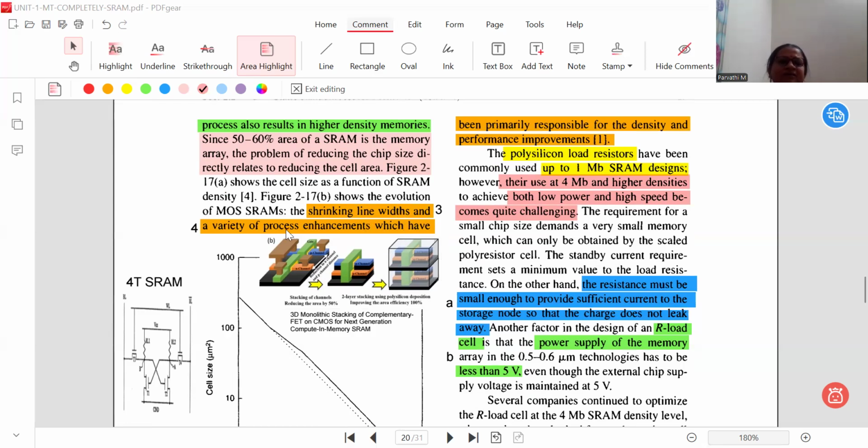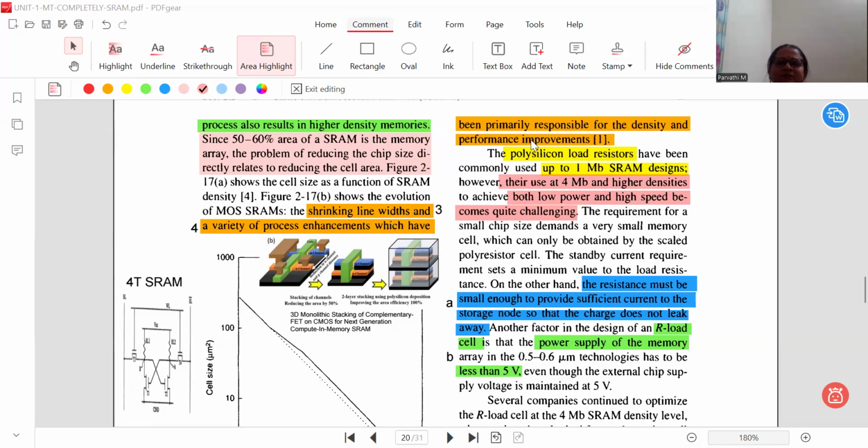Shrinking line widths is another parameter to take into picture for advanced memories. Another one is a variety of process enhancements. For the process, we may use CMOS process, or technology of 0.5 micrometer, or BiCMOS, or other processes like mixed technology. Like that, the process is also one important major parameter to observe in advanced memory.